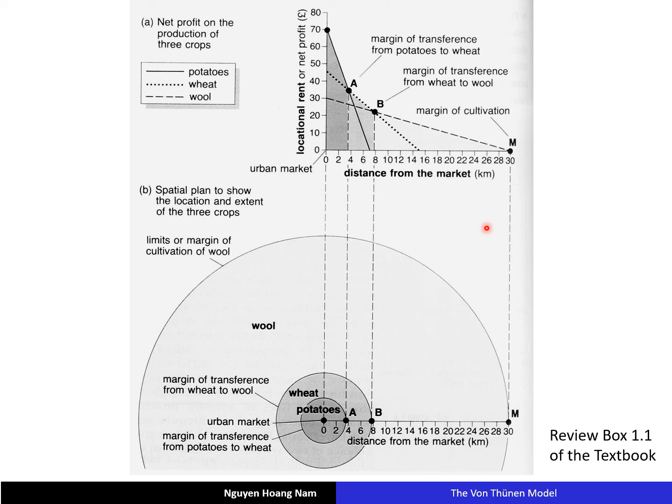And this is basically the idea of the von Thunen model. We will choose the ones that provide the highest location range within a certain area here. And that's how we started with potatoes, and then we switched to other crops.